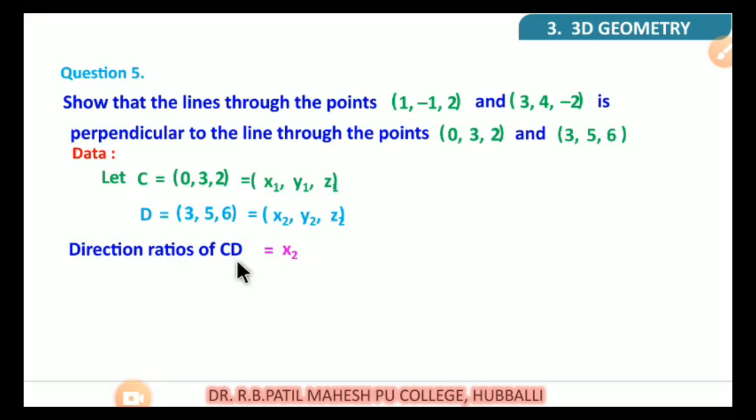Direction ratios of CD are given by x2 minus x1, y2 minus y1 and z2 minus z1. So put the values here: 3 minus 0, 5 minus 3, and 6 minus 2. So these 3 are the direction ratios. After simplification we have 3, 2, 4. So these are the direction ratios of the second line CD.